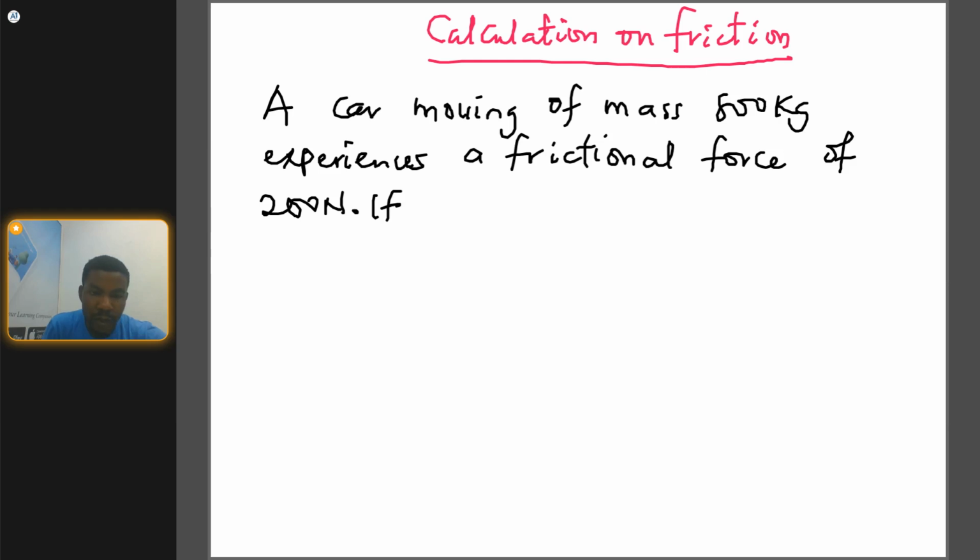If it accelerates at 2 meter per second squared, calculate the magnitude of the force applied to the car.